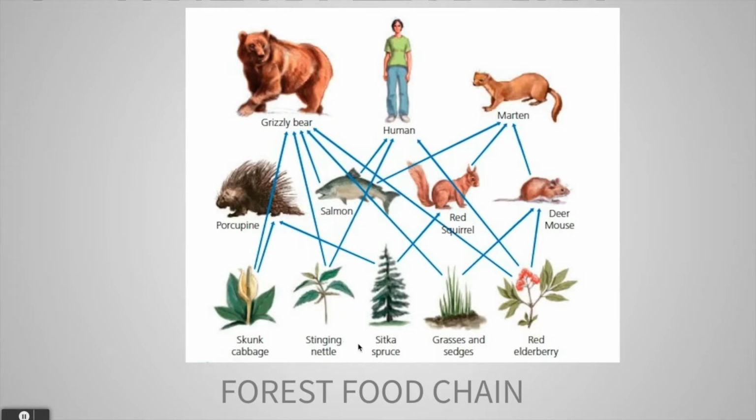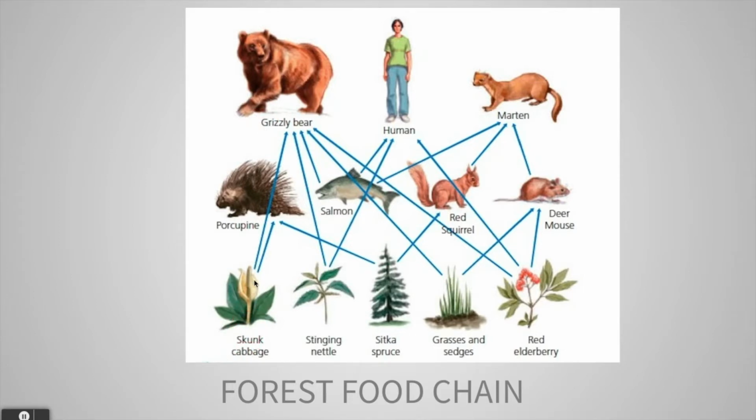For example, if we look at the skunk cabbage, we see there are two arrows pointing to it. One to the porcupine and then another one to the grizzly bear. These arrows tell us that both the porcupine and the grizzly bear eat the cabbage for energy.